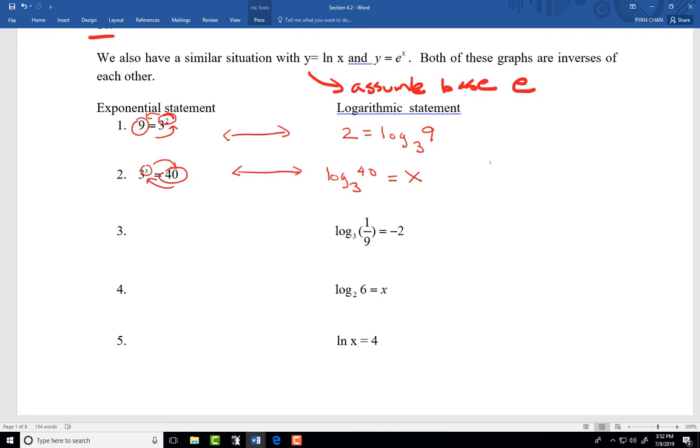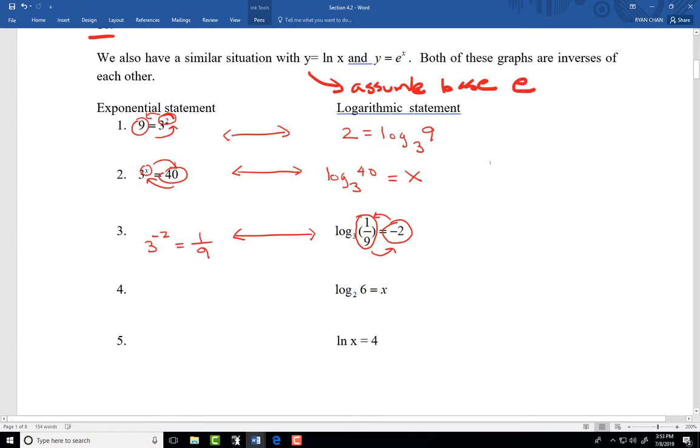Now let's talk about this right here. What do I do going the other way? So if I go from logarithm to exponential, I'm going to swap 2 items again. So the item by itself will also swap with the exponent for my logs. Okay. So the -2 will now become the exponent for 3, and the 1/9 will be swapped by itself.